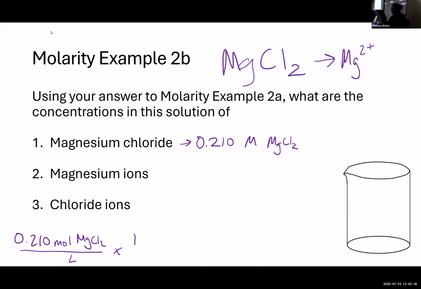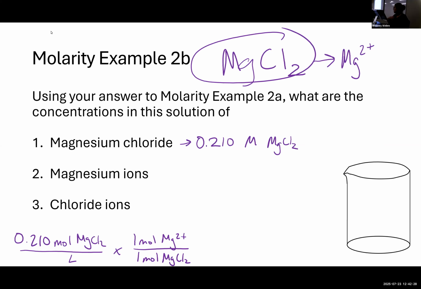I have a 1-to-1 ratio. So 1 mole of Mg2+ for every 1 mole of MgCl2. That's exactly what we just said. If I have 1 mole of magnesium chloride, I will have 1 mole of magnesium. So my moles of magnesium chloride will cancel, and I will be left with 0.210 molar.